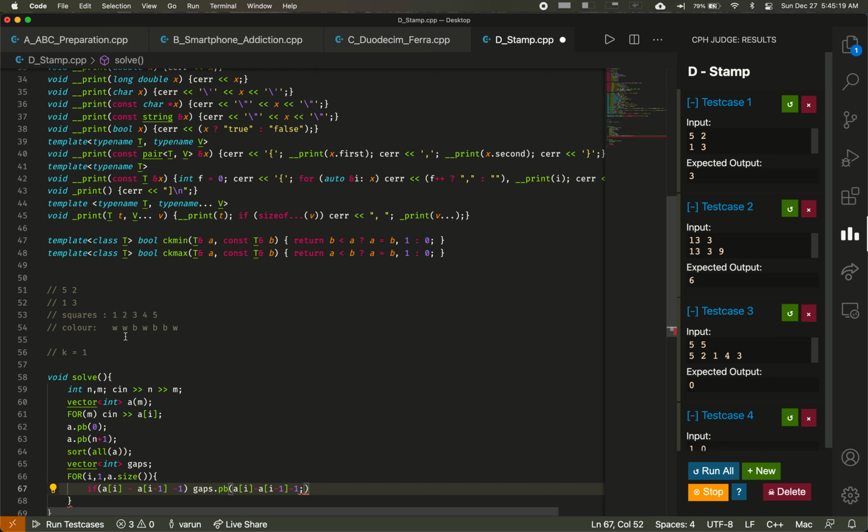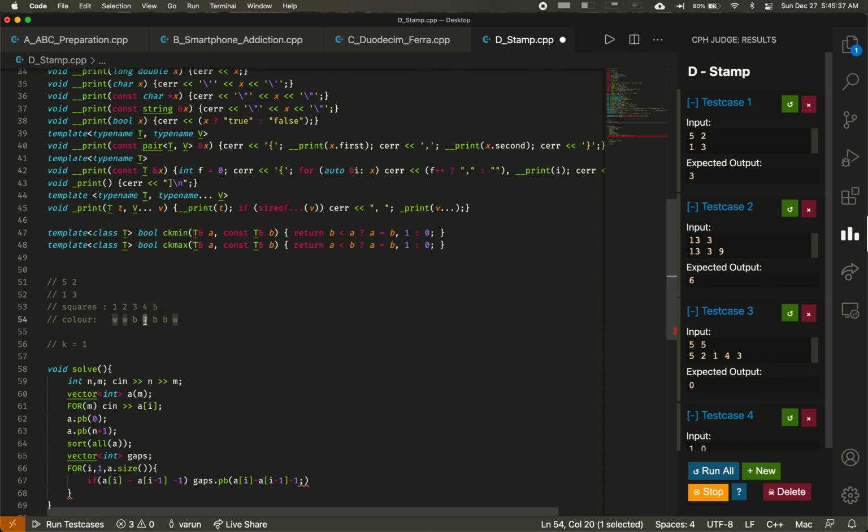And for example, if you look at these 2 blue squares at position 3 and position 5, they are consecutive blue squares. So the size of the gap here would be 5 minus 3 minus 1, which is 1, which is right because there's only one white square between them.